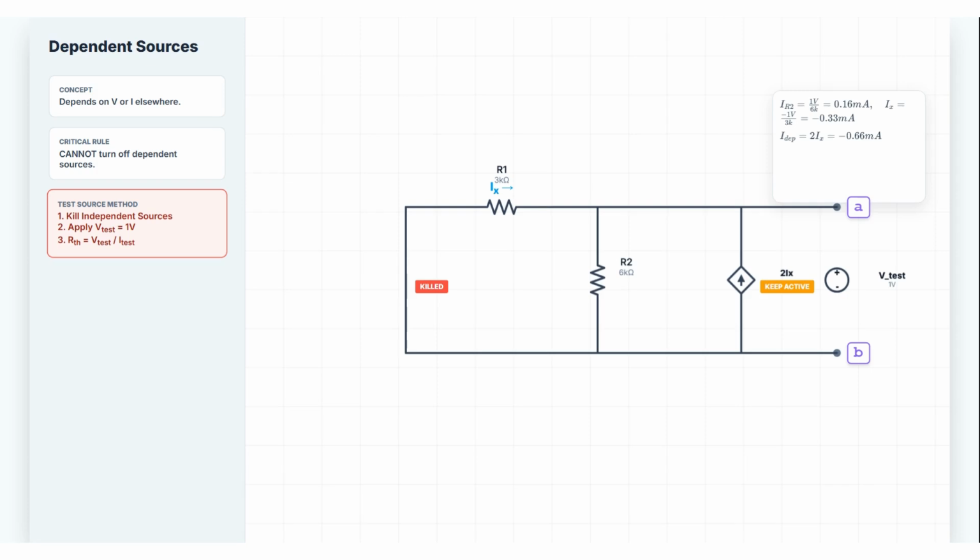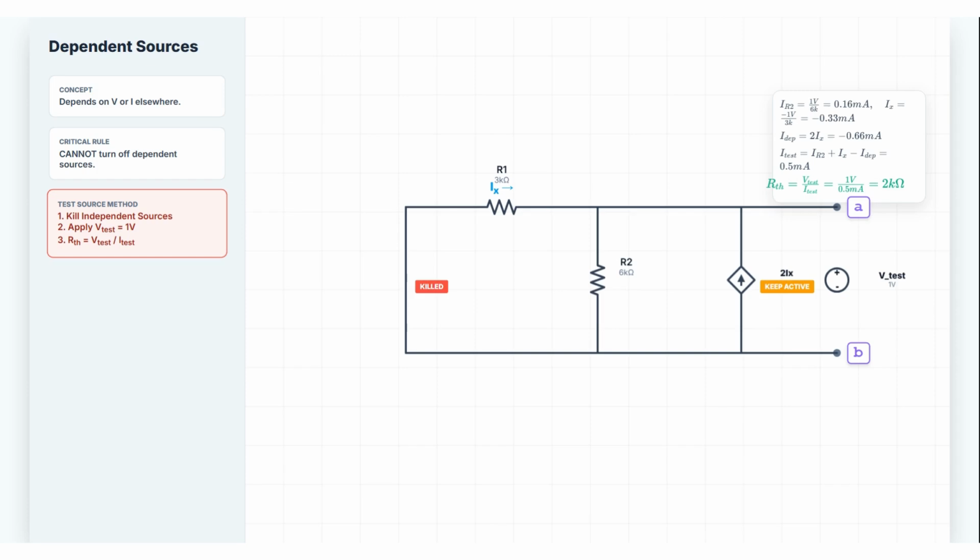By KCL at terminal A, I test equals current through R2 plus current from the dependent source. I test equals 1 over 6 plus 2 over 9. Common denominator. 3 over 18 plus 4 over 18 equals 7 over 18 milliamps. Step 5.